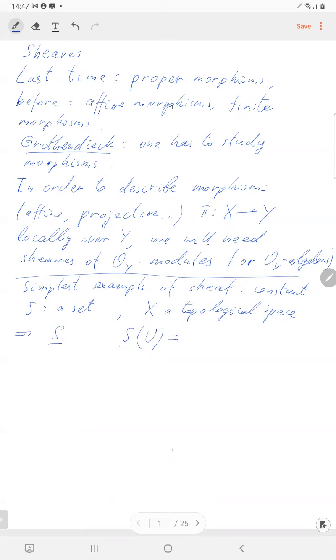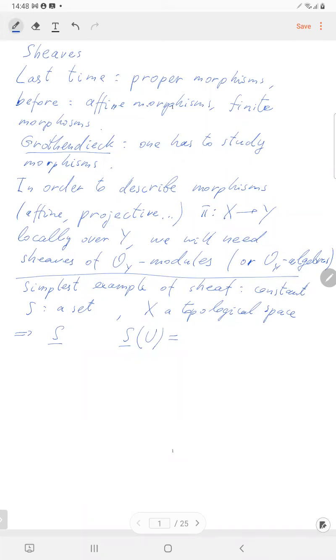For example, Sergey, do you know or can you guess what the sections are? Well, it's not necessarily an abelian group. It's just a set. Later on, we'll use sheaves with coefficients in abelian groups, but so far we don't need anything like this.